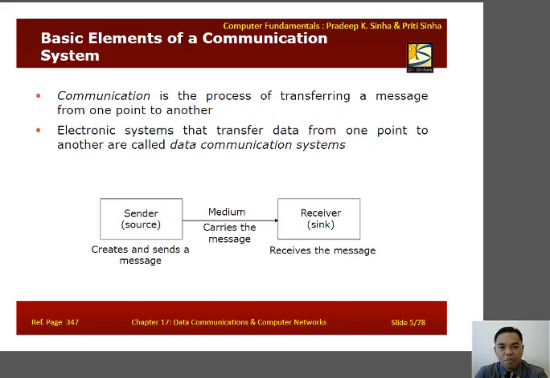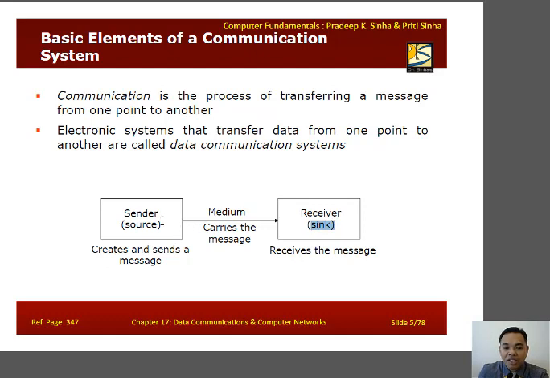So we have here the basic elements of a communication system. Refer to the diagram. First, we have the sender, who will be the source of the data. The sender will be the one to create and send the message, and somebody will receive the message, and it will be displayed in a sink.